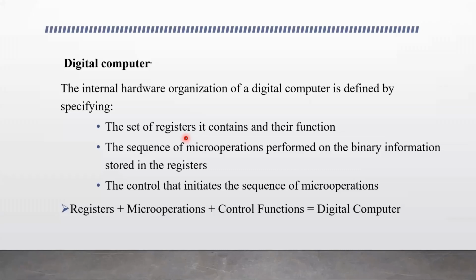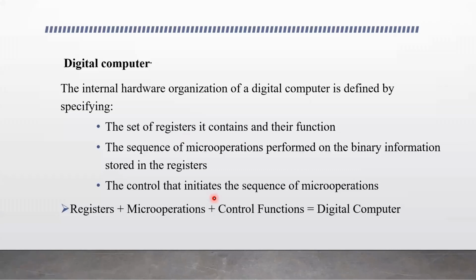A digital computer is defined by the registers it contains and their functions, the sequence of micro operations performed on the information stored in the registers, and the control that initiates the sequence of micro operations. The operations need to be initiated, and that is done by the control section of the computer.